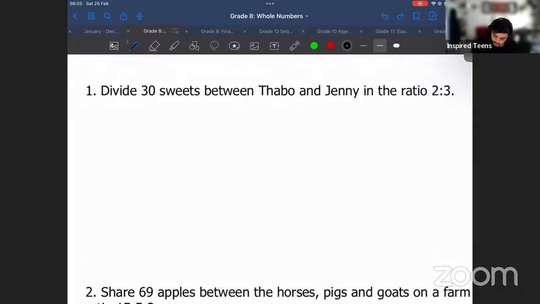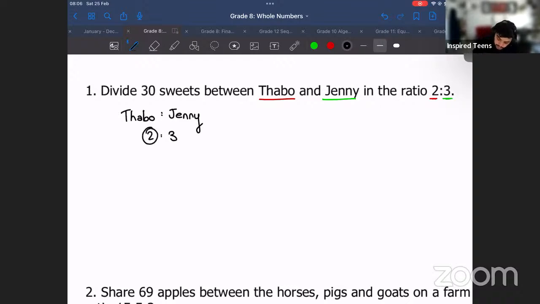We need to remember the rule that whichever name is mentioned first is for the first ratio. Whichever name is mentioned second is for the second ratio. That's just general in maths. So in this case, we have Thabo and Jenny as a 2:3 ratio.